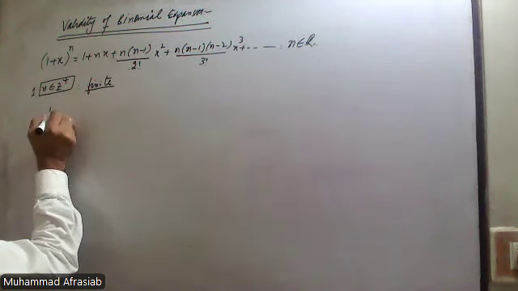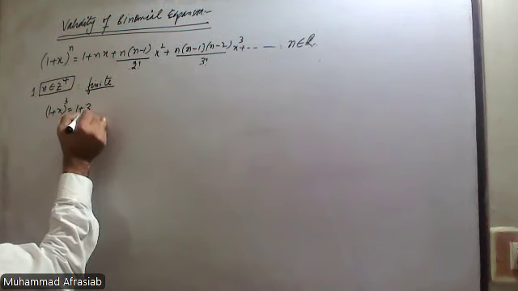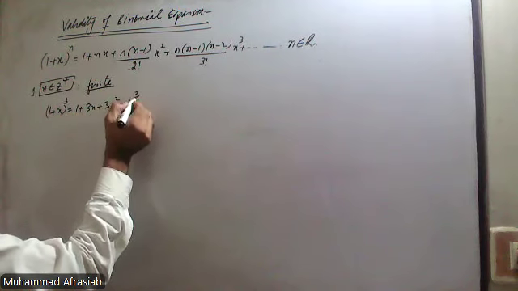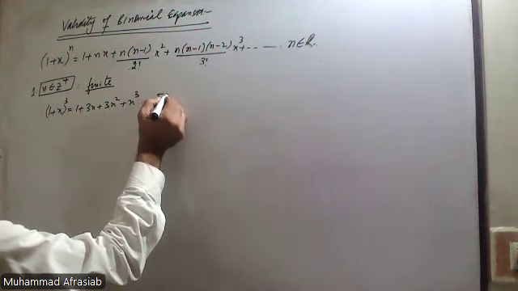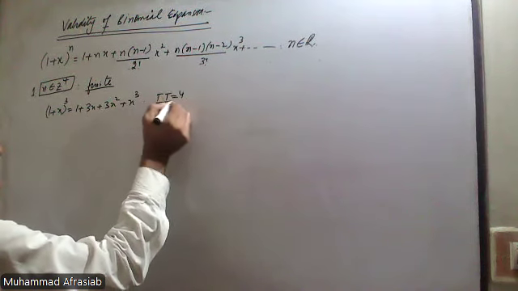For example, (1 + x)^3 becomes 1 + 3x + 3x² + x³. There are 4 terms in total, and every value of x can be put into this binomial expansion. So when n is a positive integer, it is valid for every value of x.